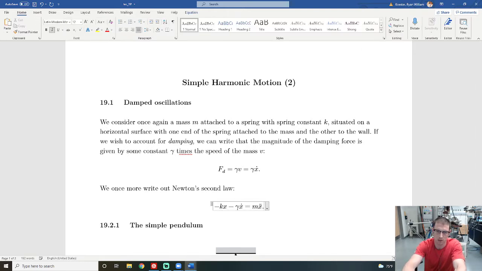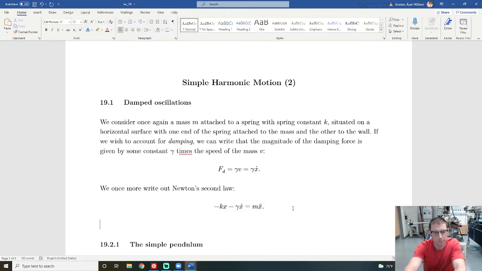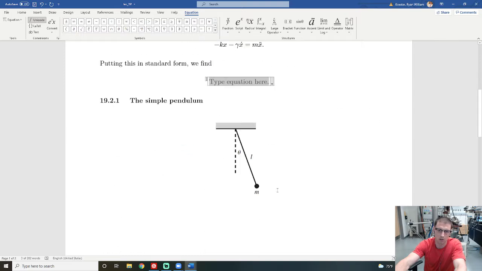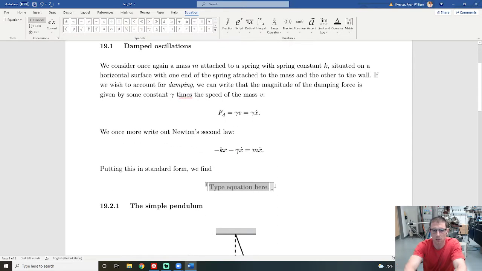So we just want to put this in standard form. And what that looks like is, well, let's get everything to one side. I want to write it like this: m x double dot plus gamma x dot plus kx equals 0.